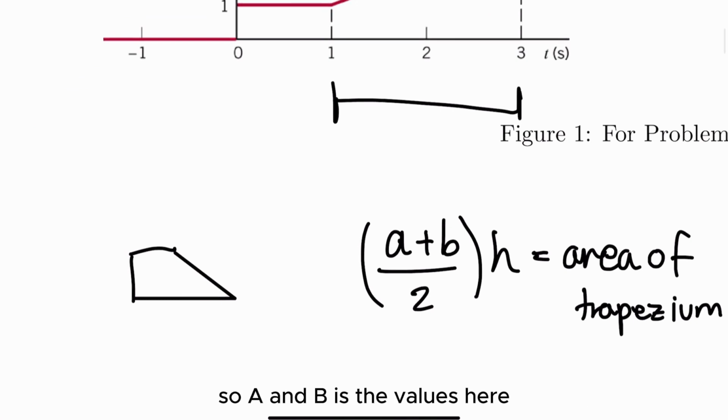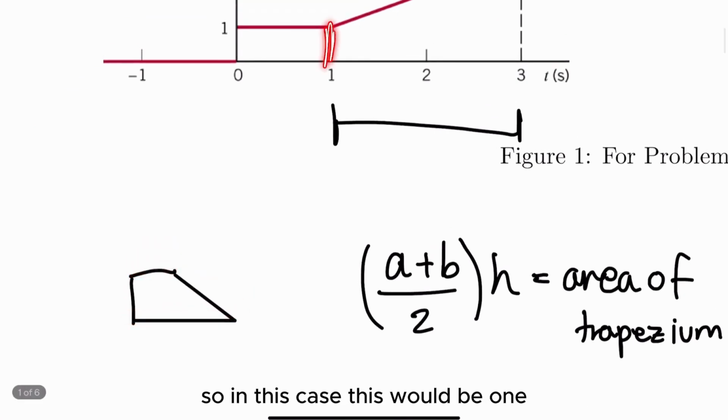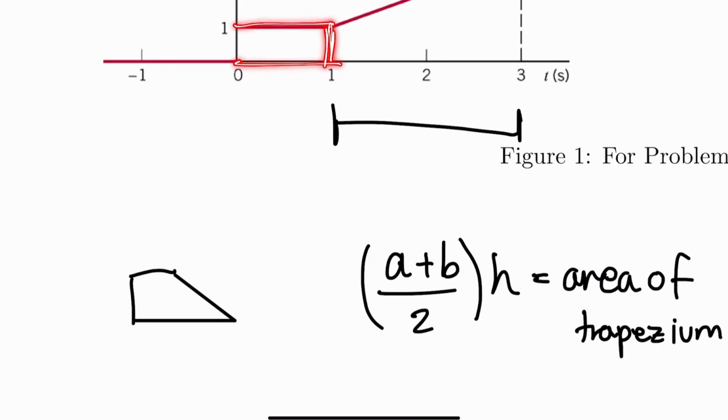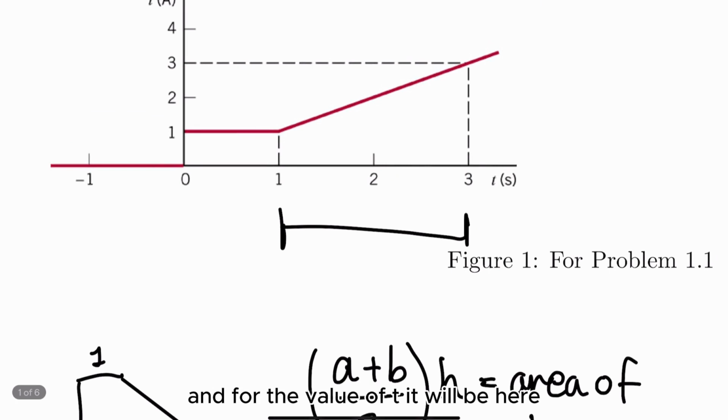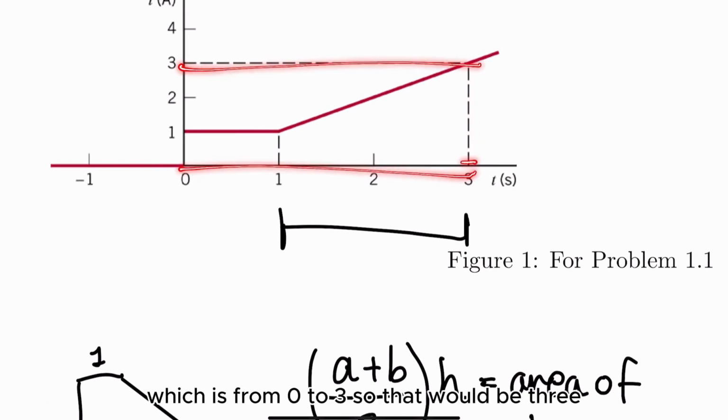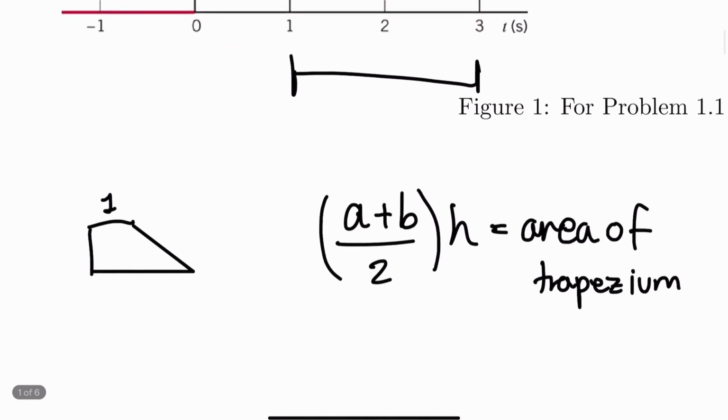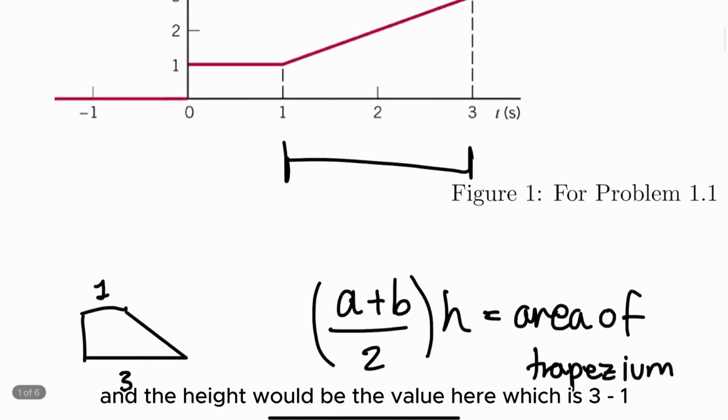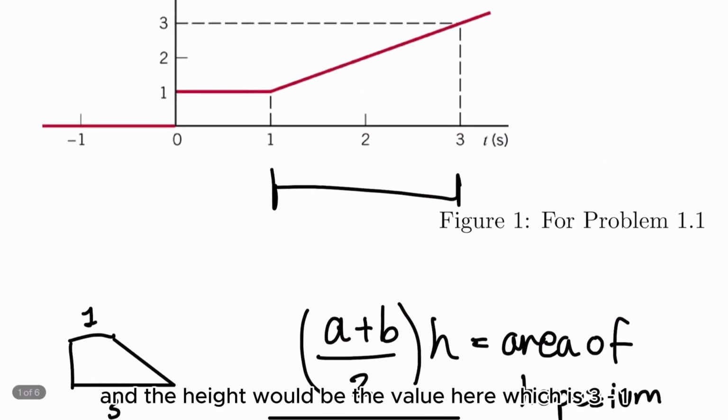A and B are the values here. In this case, a would be 1. And for the value of b, it would be here, which is from 0 to 3, so that would be 3. And the height would be the value here, which is 3 minus 1.